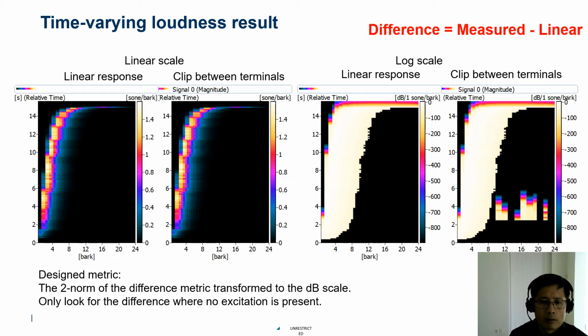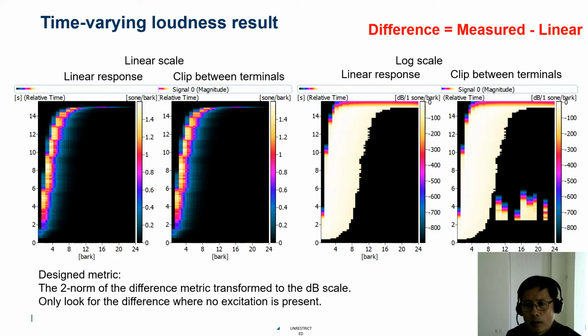On the left-hand side, there are two plots shown in the linear scale. The first plot is the linear response, so there are no BSR events involved. The second plot shows the actual recording. So we're supposed to have a BSR event in this spectrogram. What is clear in the linear scale is that we are not able to see the BSR event.